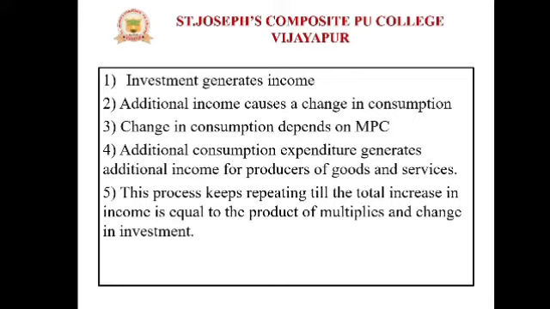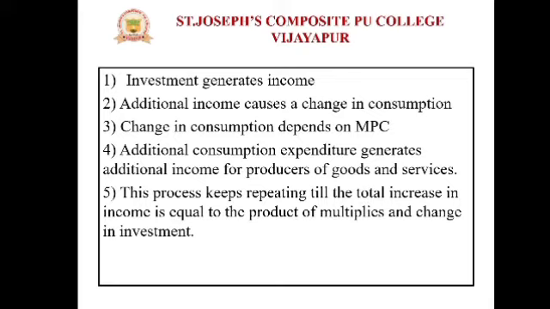Extra income. Instead of 1000 rupees, if you earn 2000, that means 1000 additional income. That is the reason for change in consumption. That means your consumption level will change. What you purchase with 1000 rupees of income, and what about with 2000? Your consumption level will change.